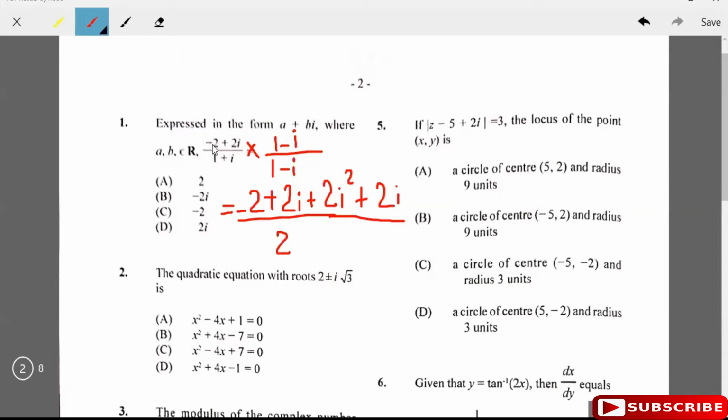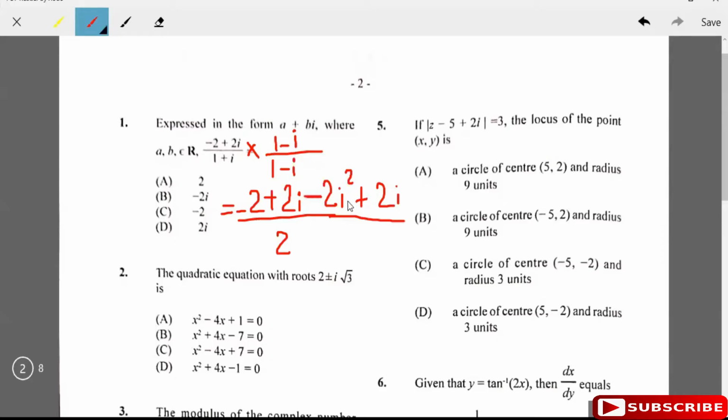Wait, what did I do? 2 minus 2 times minus i, that's plus 2i. 2i times 1 is 2i. 2i times minus i is minus 2i squared. Sorry, this shouldn't be plus 2i squared. That's minus 2i squared. Okay.